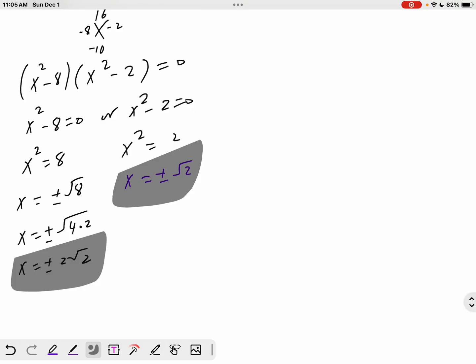Now we have to go back and substitute into y. So we're going to write the same equation 4 times, because we have 4 x values. So here, y equals 4 over x.